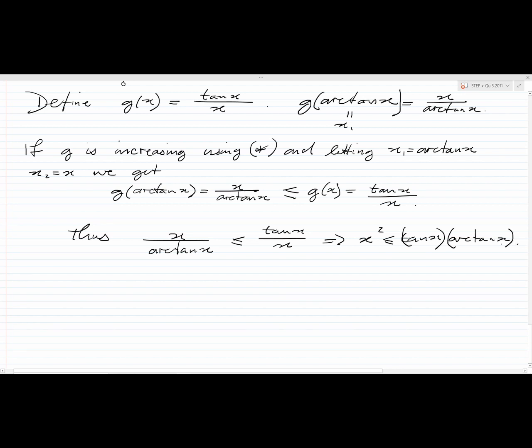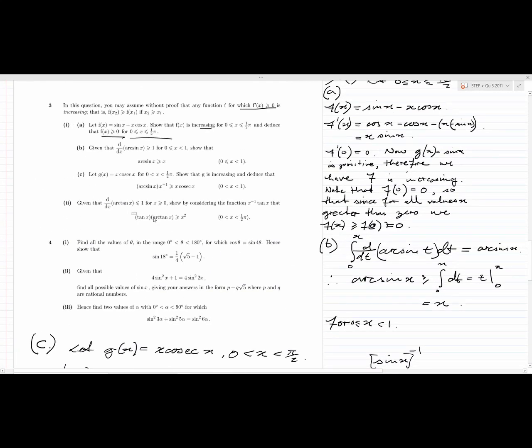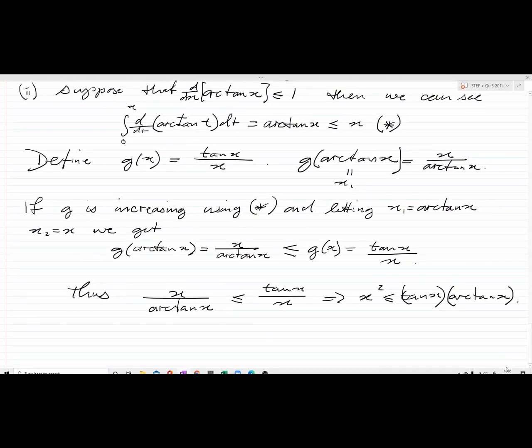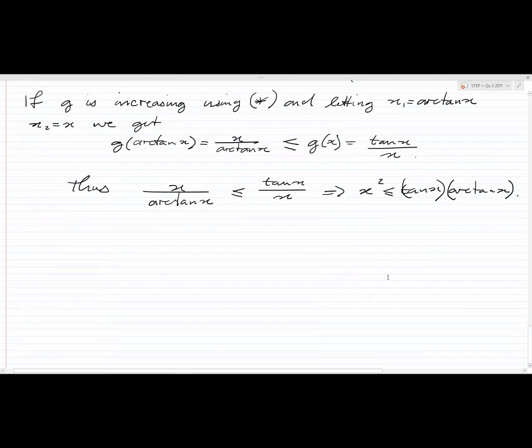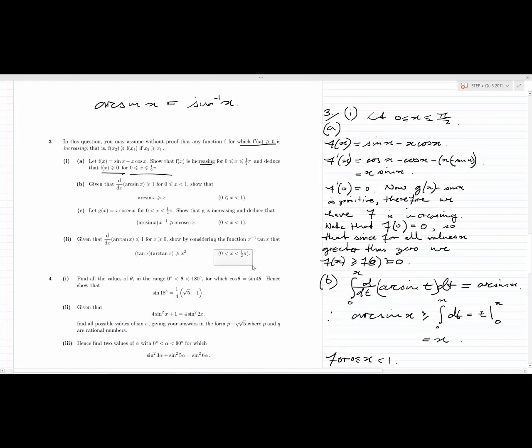And that is exactly what we need to show. Tan x arctan x is greater or equal to x squared. And we must remember that 0 to pi by 2 is where x lives. So we have to make sure it's a strict inequality, because if we put 0 in here, we would actually get an undefined quantity. So that's why it's a strict inequality.